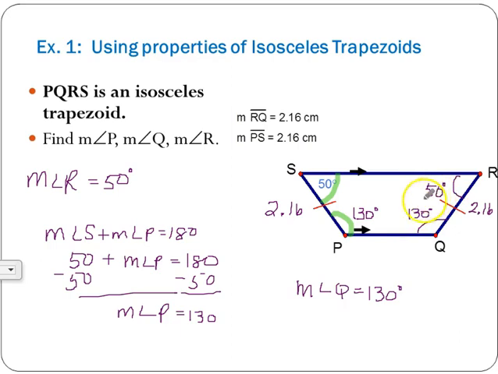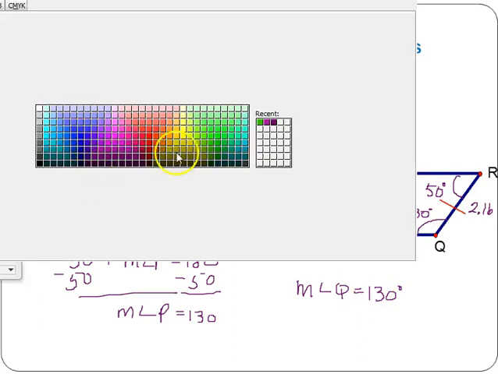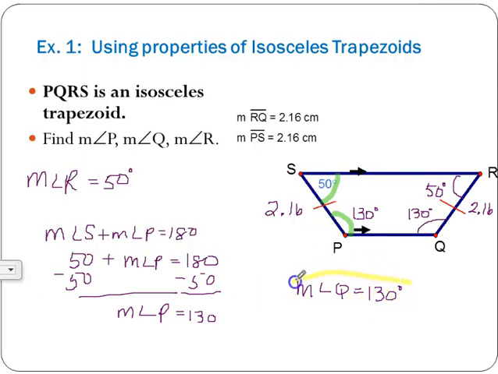Do they? 50 plus 130 definitely equals 180, so that checks out. So we were able to find all of the missing angles using what we just learned about trapezoids, and especially isosceles trapezoids. I'm going to move on now, so if you need more time, go ahead and click pause.